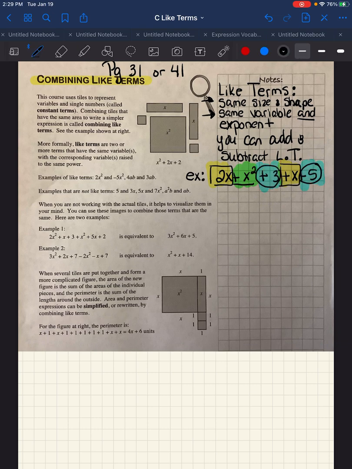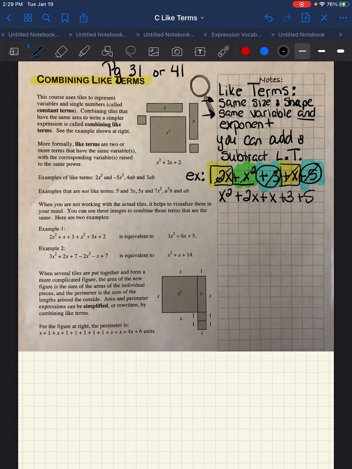So the things that are matching color-wise are matching terms. So now I'm going to rewrite this, x squared plus 2x, so that the like terms are together. Plus 2x plus x, and if you like, you can even cross them off as you move them. I did that one, plus 3, that one, plus 5.